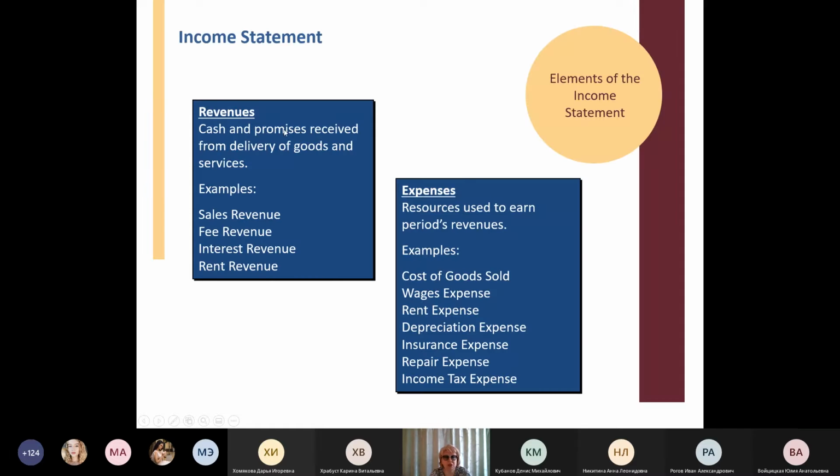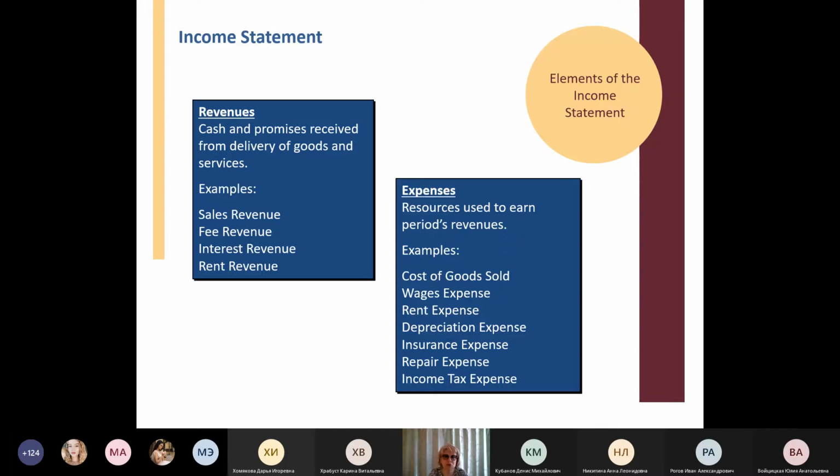And the same with the income statement. The income statement provides information about revenues and expenses in order to compute the financial result. Commonly there are 2 options, profit or loss. Of course, it could be the zero case, no profit, no loss. But we are looking for the profit.